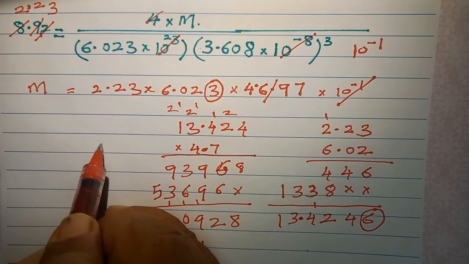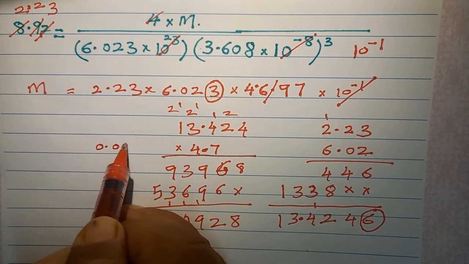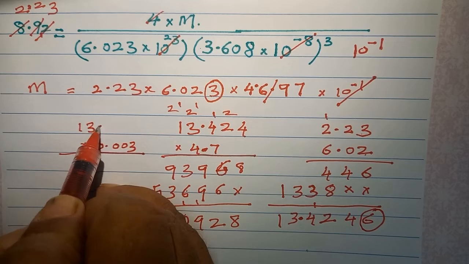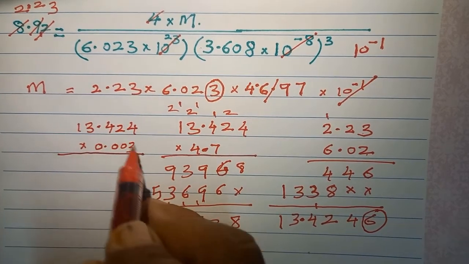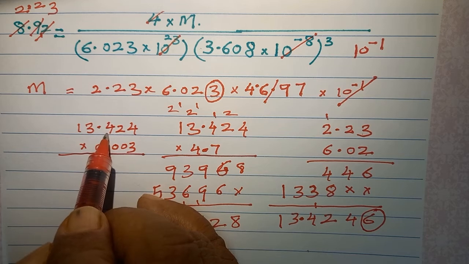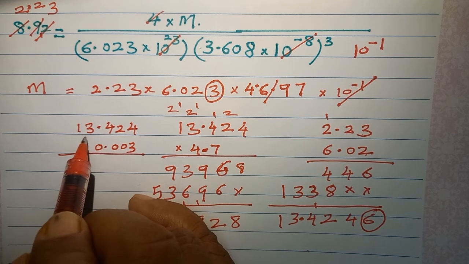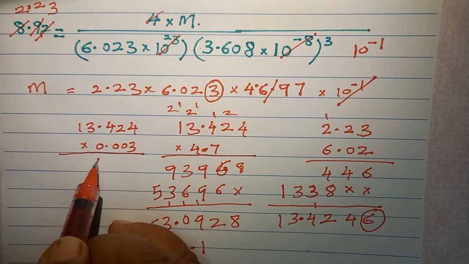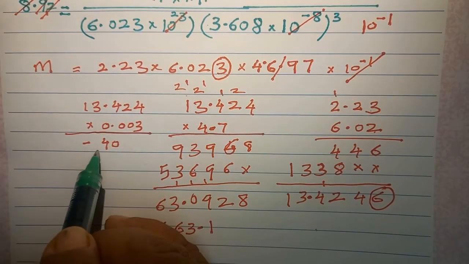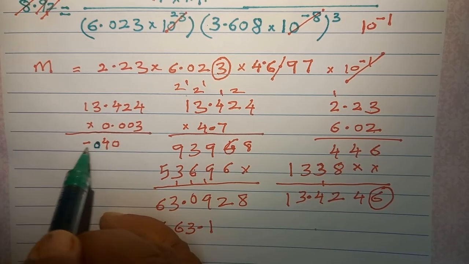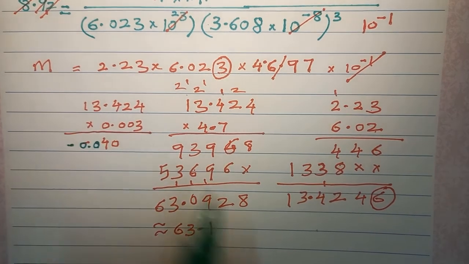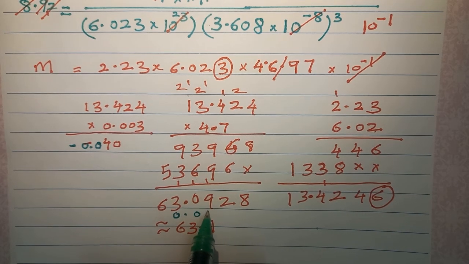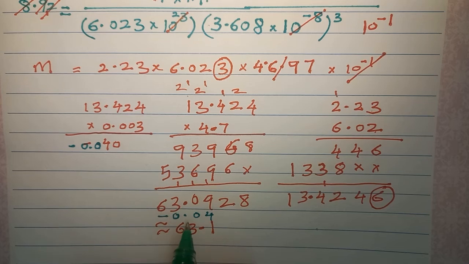The remaining of 0.003 multiplied by 13.421. Here 3 into 4 is 12, carry 1, 13 into 3 is 39 plus 1 is 40. Take decimal point from third position. To do this, our answer is changed from 63.05.